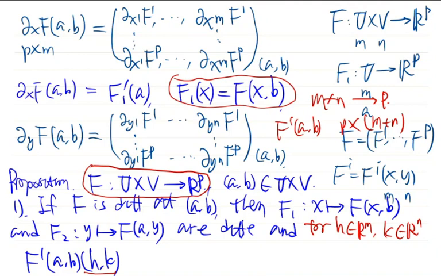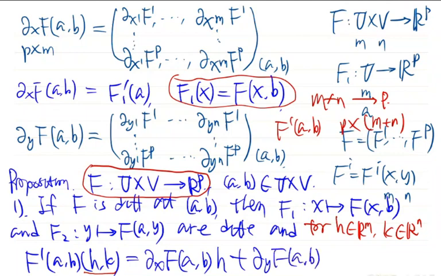This vector equals the partial derivative of F with respect to x acting on h plus the partial derivative with respect to y acting on k. The two terms in the right hand side of this equality are vectors in R^p, so their sum is also a vector in R^p. Both sides of this equality are vectors in R^p, and they are equal. This is the conclusion of the first proposition.